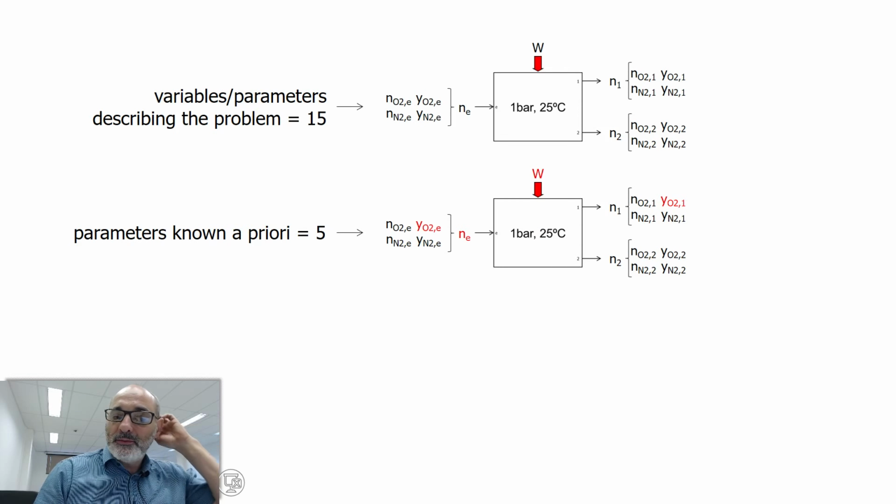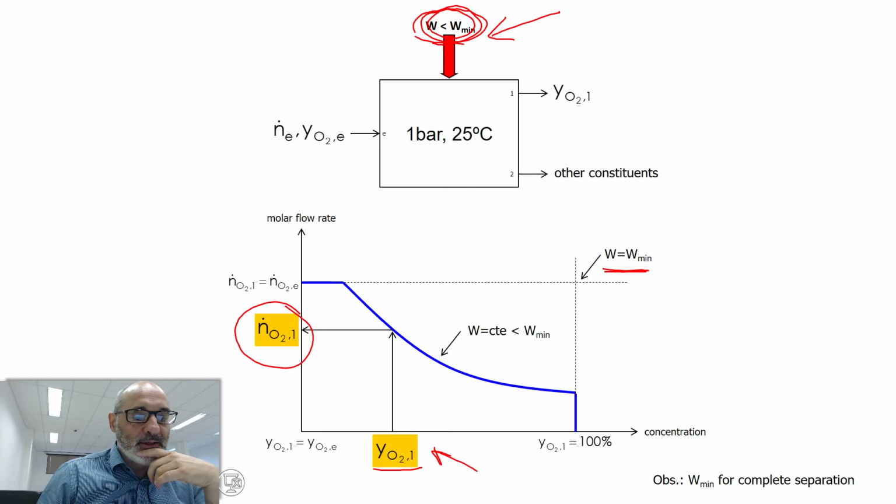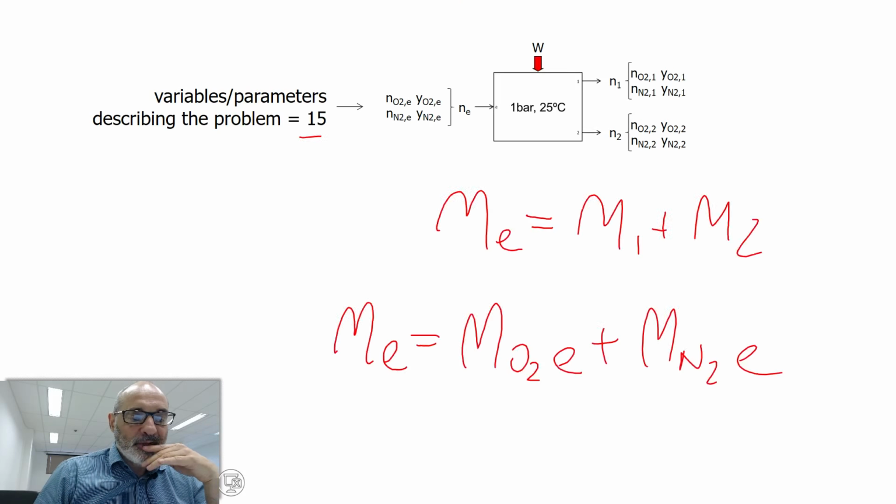Now, I said that we're fixing the oxygen concentration. I'm going back 2 or 3 slides. We're going to fix this number because this is a design decision: 99% of oxygen at 1. So we fix this.